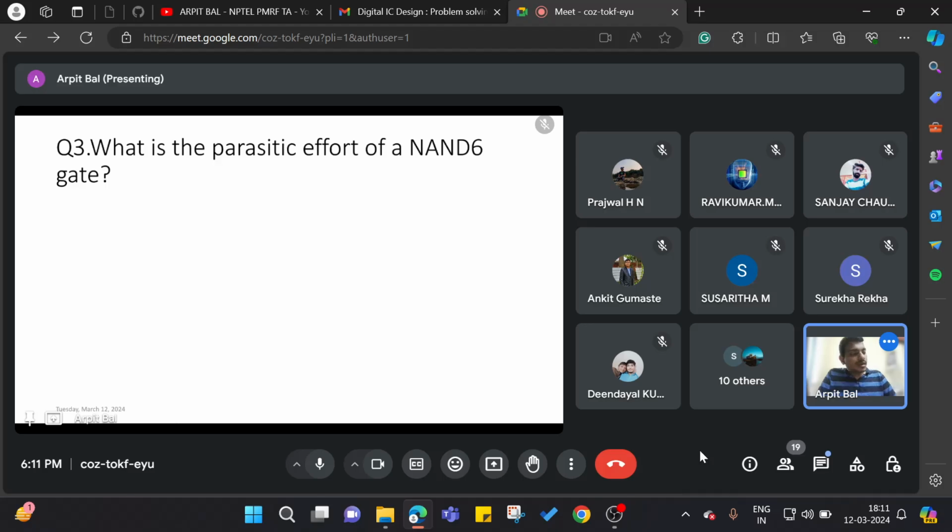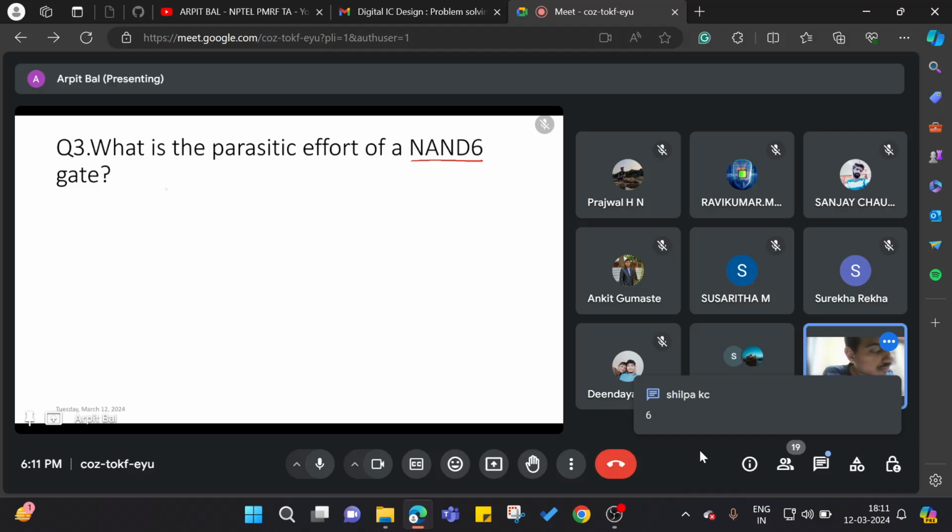Parasitic effort of a NAND 6 gate. So we have to figure out what is going to be the parasitic effort of a NAND 6. And then I will tell you the relevance of parasitic effort and the logical effort part.